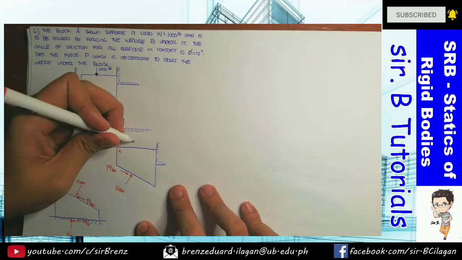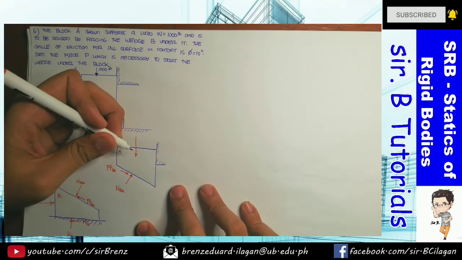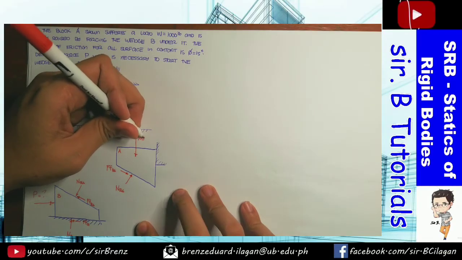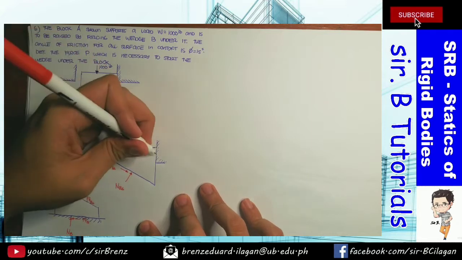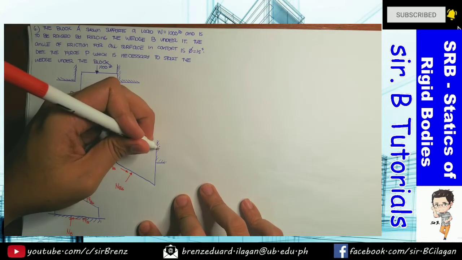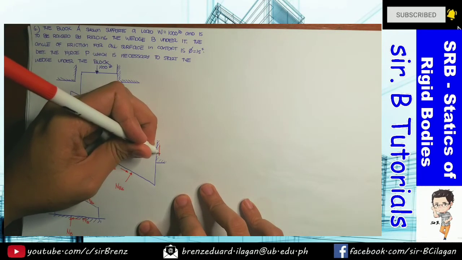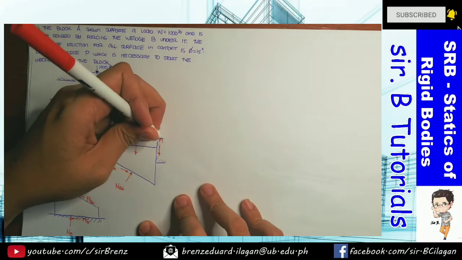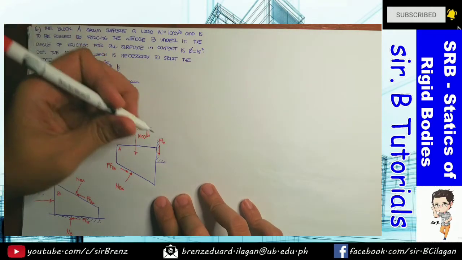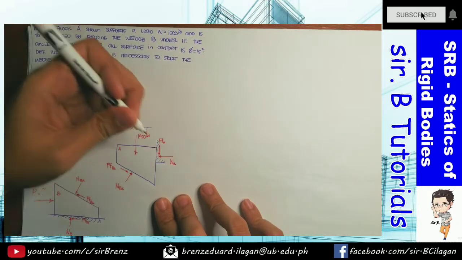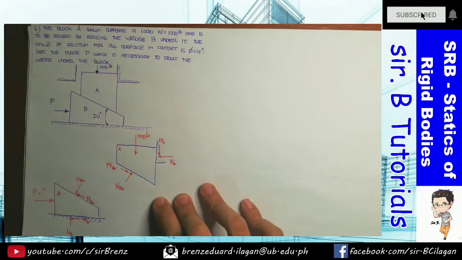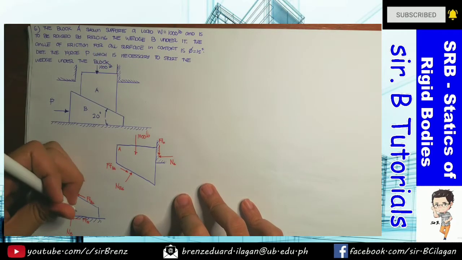Okay? And then here, again, you have your 1,000 pounds. And kung tataas nga siya, ang frictional force natin dito is paganyan, so frictional force of block A with respect dun sa wall. Then you have here your normal force A. Okay. So yan. And knowing that this angle is equal to 20 degrees.